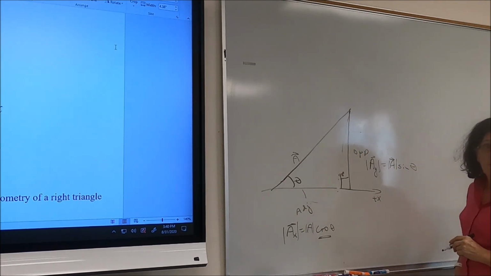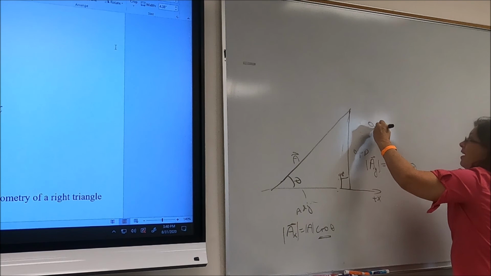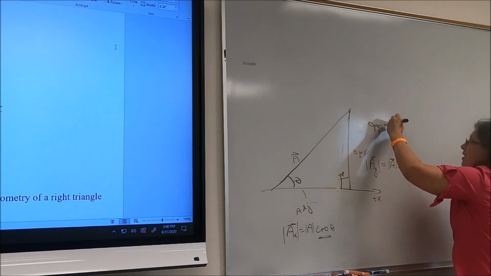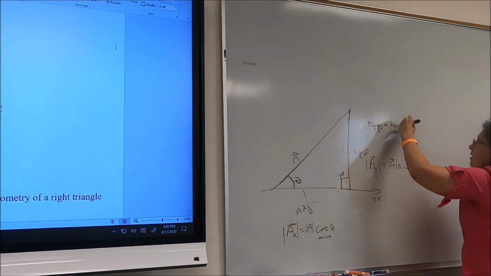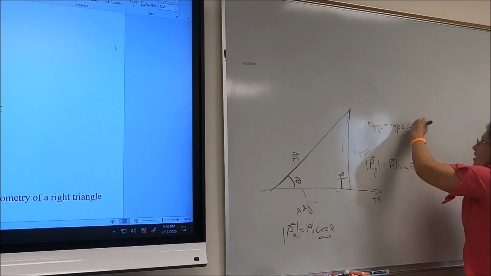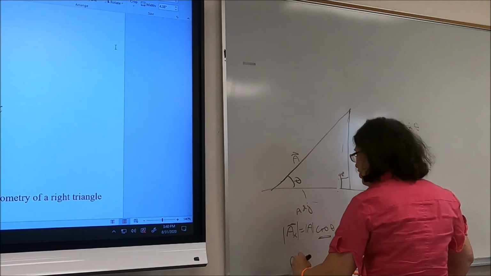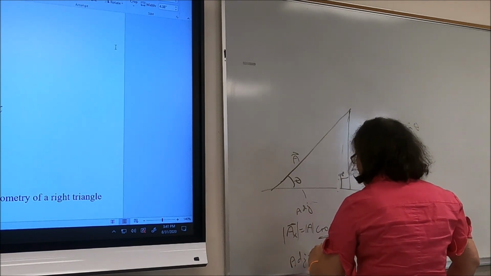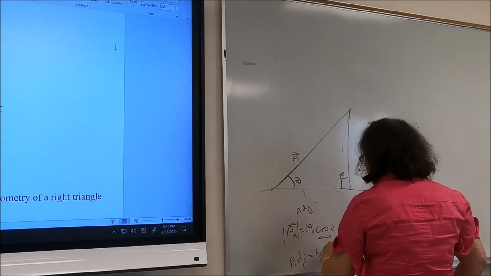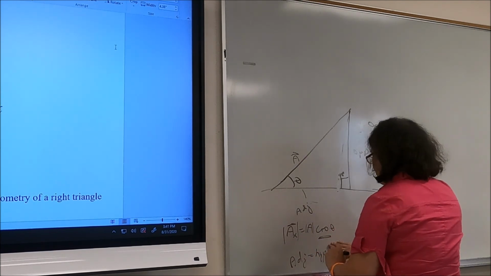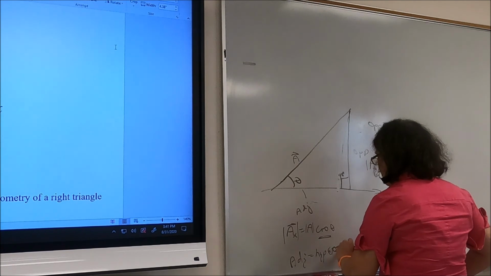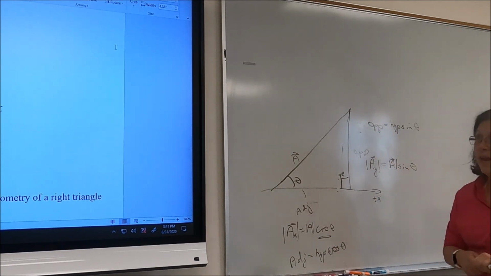So you can say opposite is equal to hypotenuse times the sine of the angle theta. Adjacent is equal to hypotenuse times the cosine of the angle theta.